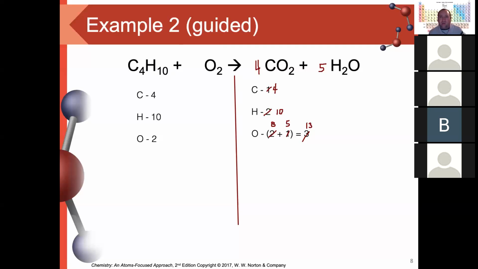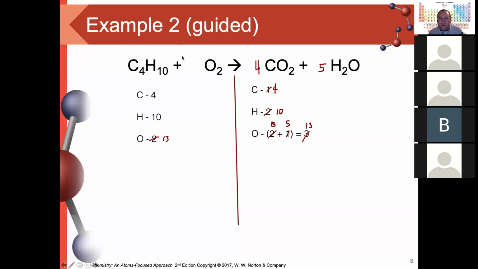And cheating it would involve either putting in a number here that is not a whole number. 6.5 times 2 is 13. Or I could put in a fraction in that spot.